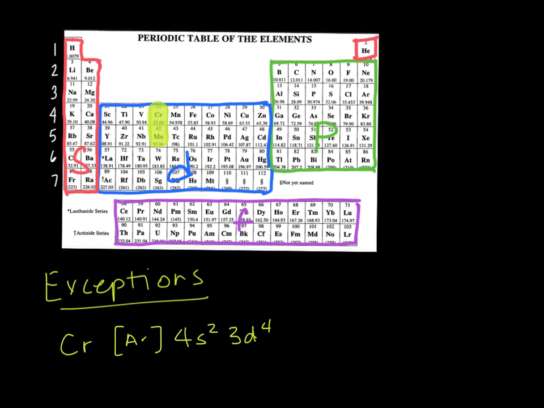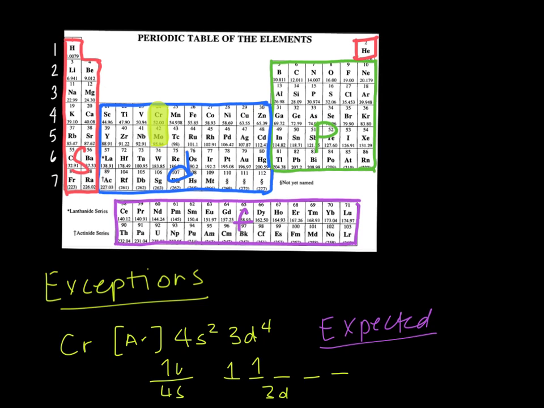And so this is what you would expect to see. We'd have a 4s, and then 1, 2, 3, 4, 5, 3d, 2 electrons here, and 4 electrons here. And since it's expected and I'm having to explain it as an exception, then it must not happen.